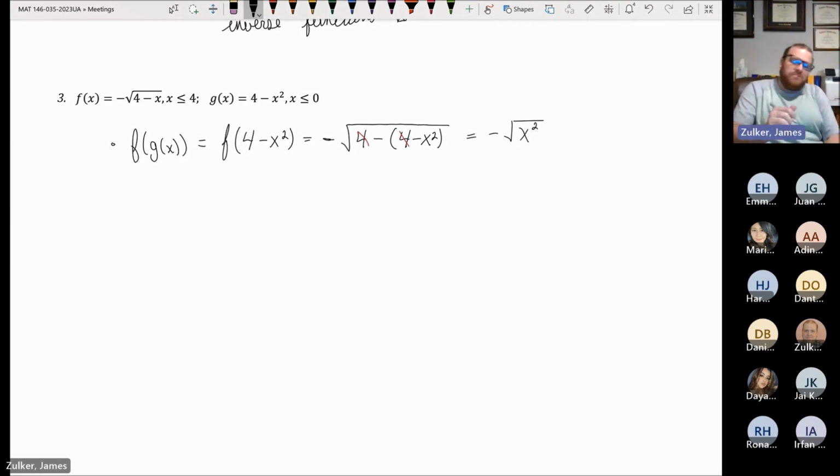Right? Now, as noted before, the square root of x squared is absolute value of x. But we're told for g that x is less than or equal to 0.